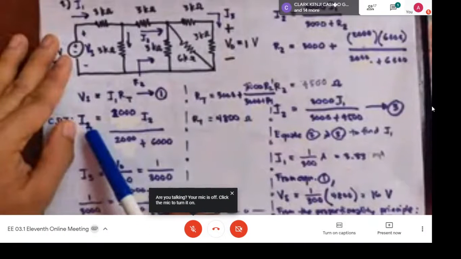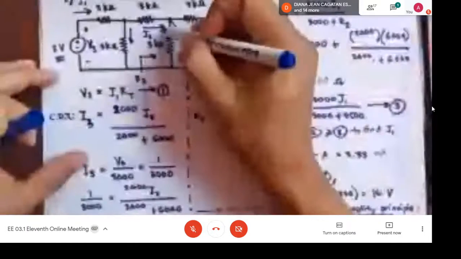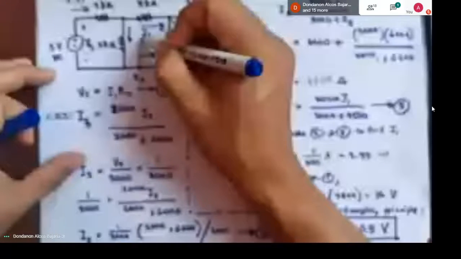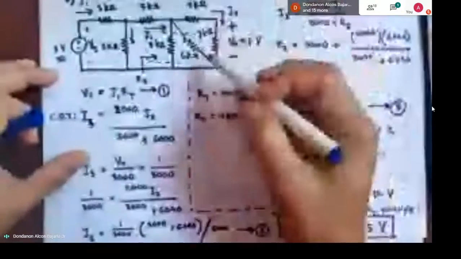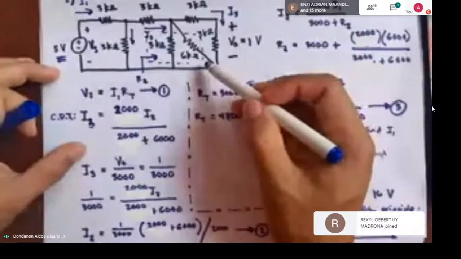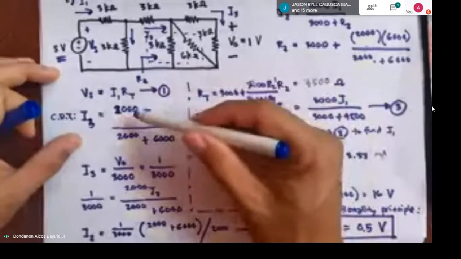I sub 3 equals 2000, where 2000 is this combination. By combining these two resistors in parallel, 3 and 6 kilo ohms, the result is 2 kilo ohms.